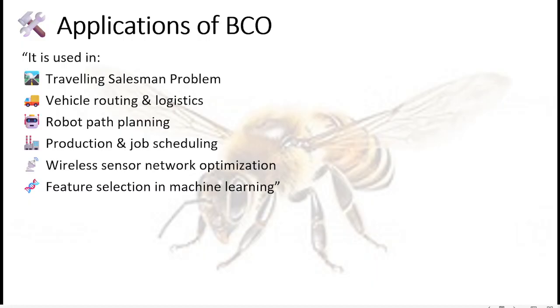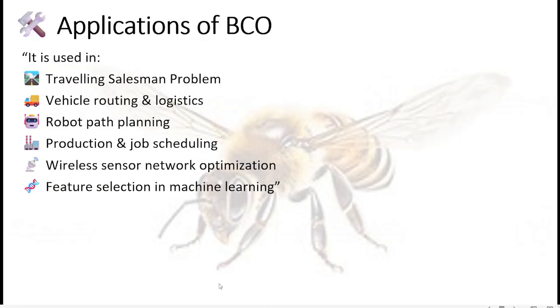Then coming to the next slide, which is the applications of the BCO. Applications in the real world: we use it in traveling salesman problems, finding the shortest route to visit multiple cities. Then vehicle routing and logistics, which means optimizing delivery routes for trucks, buses, couriers. Then robot path planning, helping robots find the best path while avoiding obstacles.